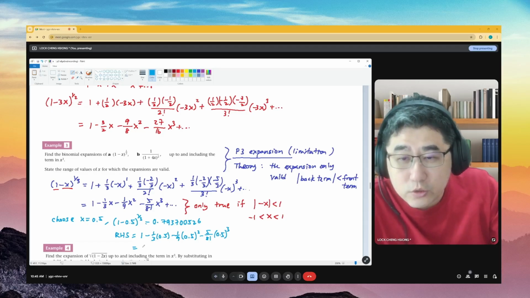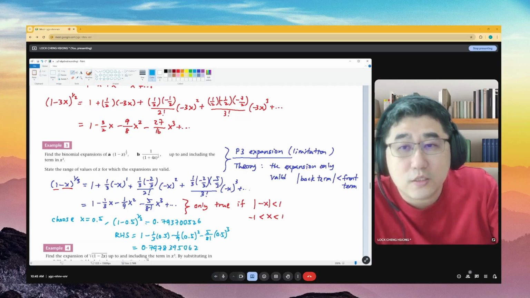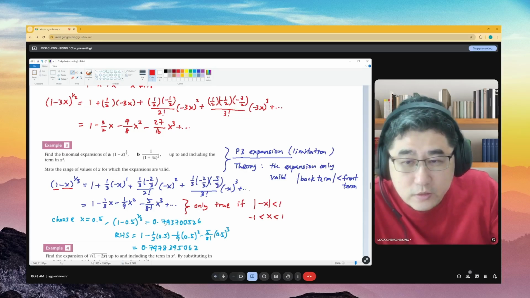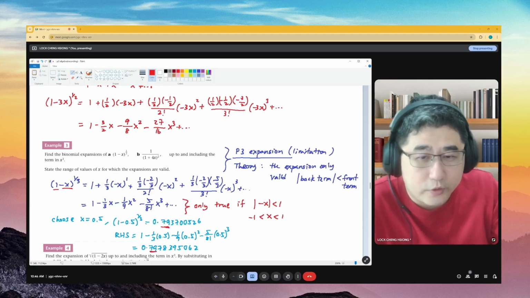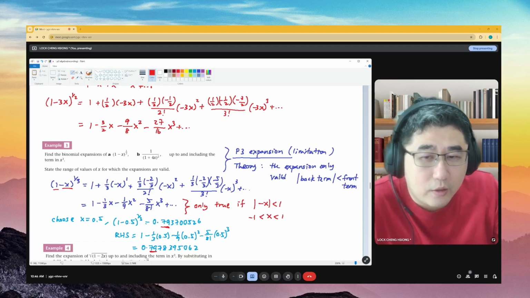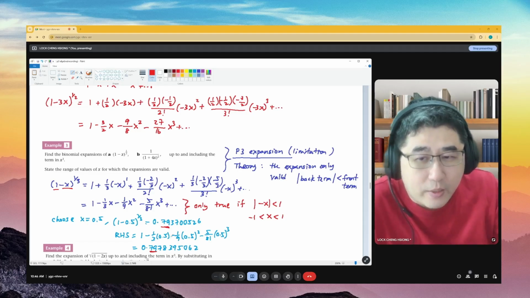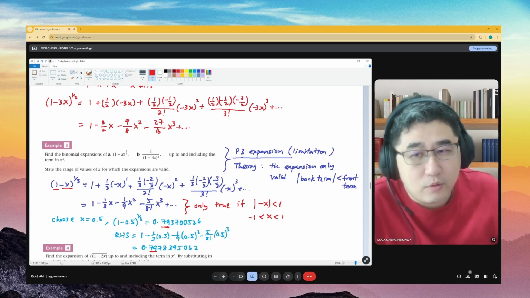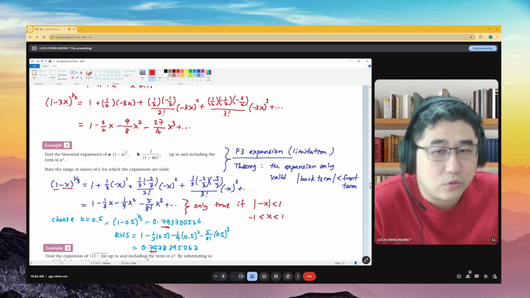So I have 0.79783950062. You can see that they are not entirely the same, but the first two decimal places are still accurate. This is because I have a plus dot dot dot, a long dot dot dot at the back, that I ignored. So they are not entirely the same, but they are almost the same. So this is x equals 0.5.